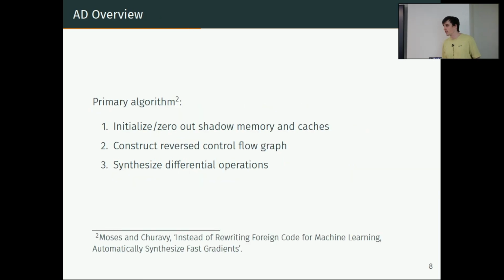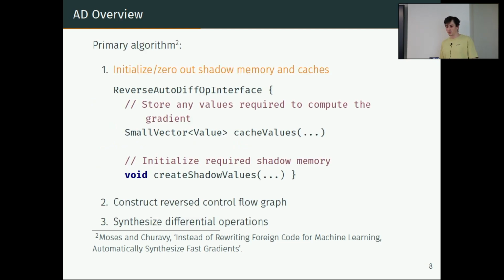We will present how this would go in a primary algorithm, which is in 3 steps. First, for each op, we will need to initialize and zero out the shadow memory and the caches for values that we will need later on in the computation. We do this in 2 functions, one which is cache values, where we cache values which we will need later on in the reverse pass.